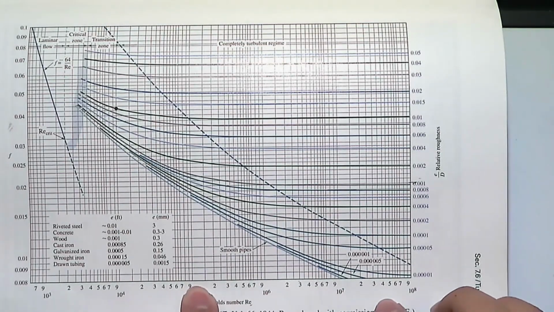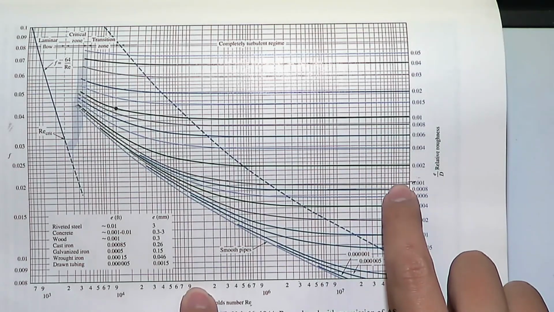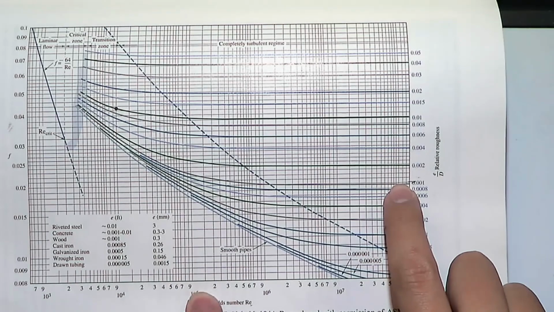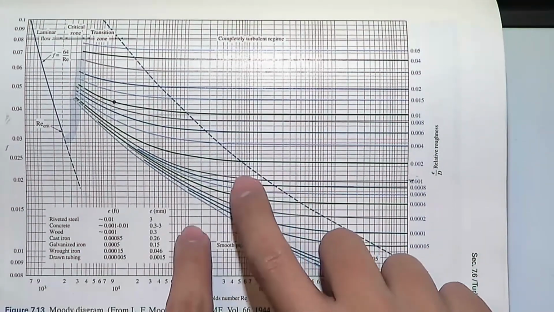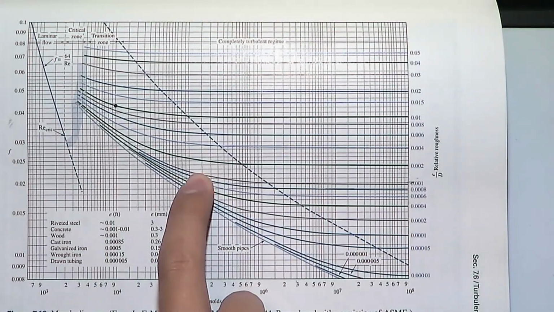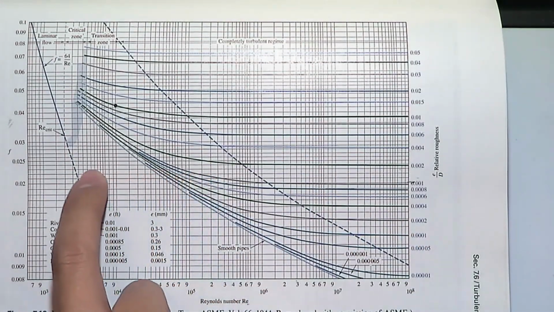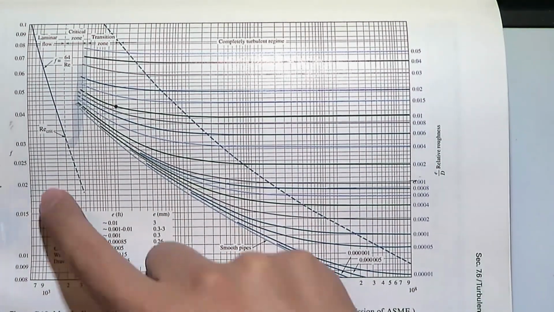We essentially want the point where this gray curve, or a line a little bit above this gray curve, intersects with this Reynolds number, right? And that point following that curve is going to be somewhere up here. And if you do a straight shot to the left, you're going to get a friction factor somewhere in between these two lines.